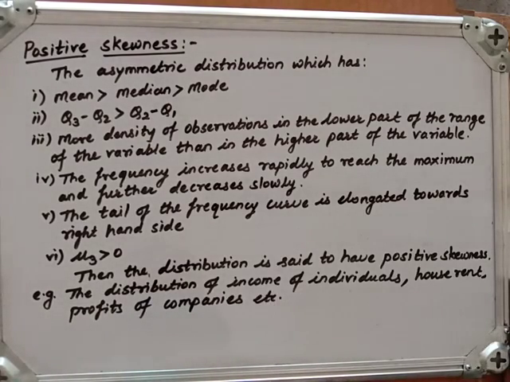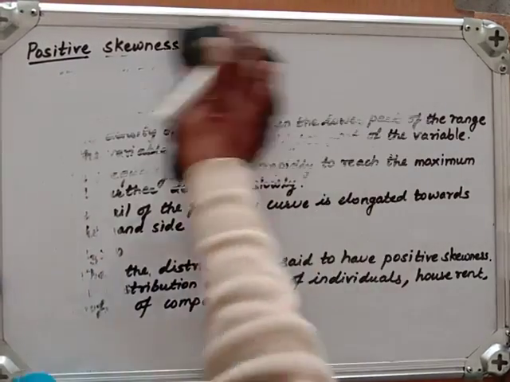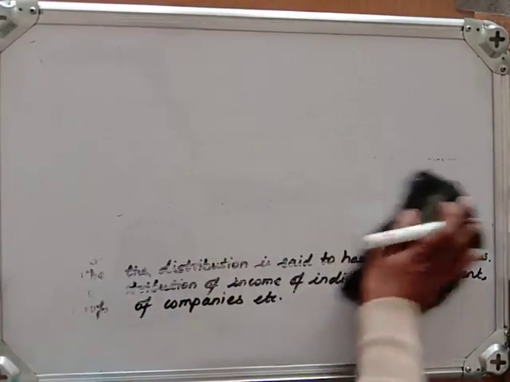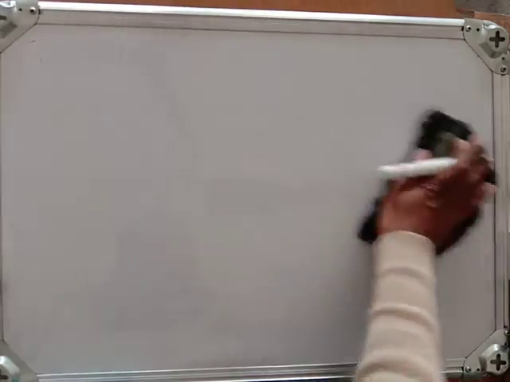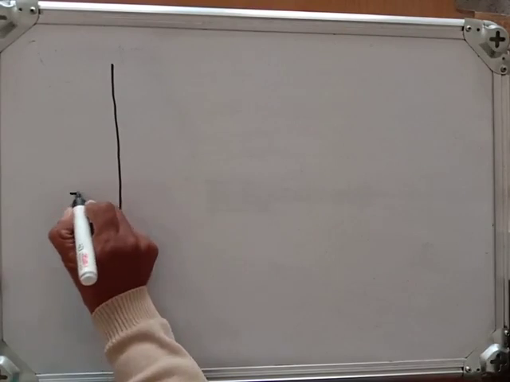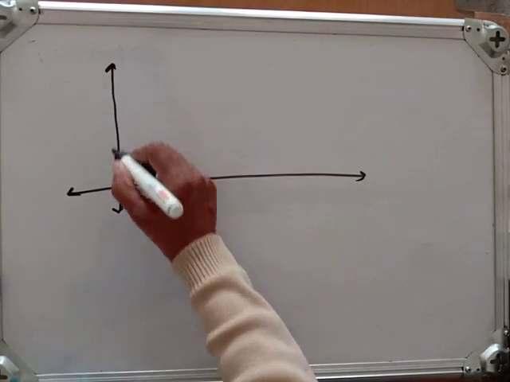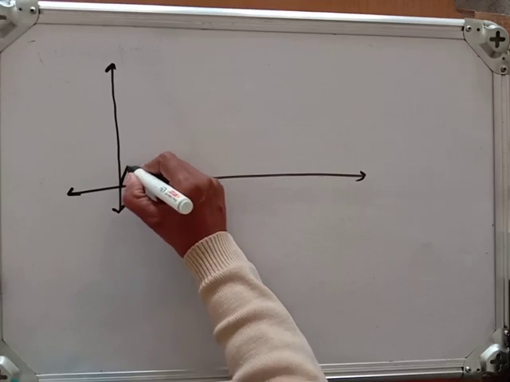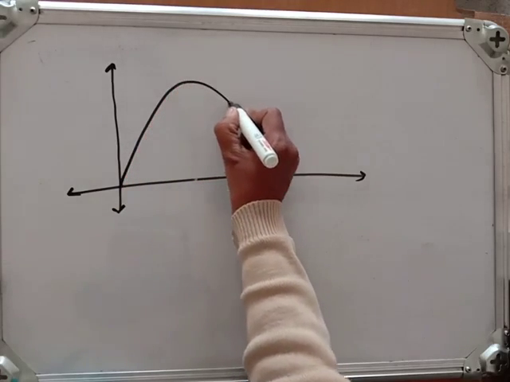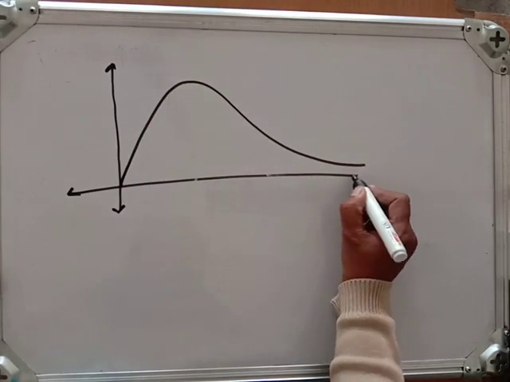Now let me show what the graph of this looks like. The graph of this positive skewness won't be a bell-shaped curve, obviously. So the frequency distribution increases rapidly, and rather decreases slowly.